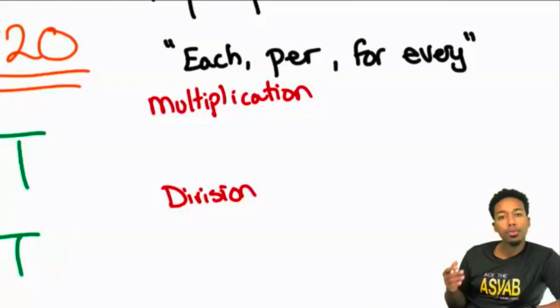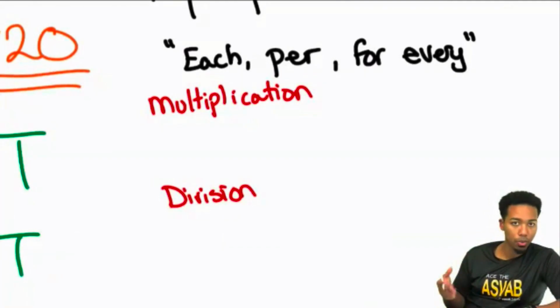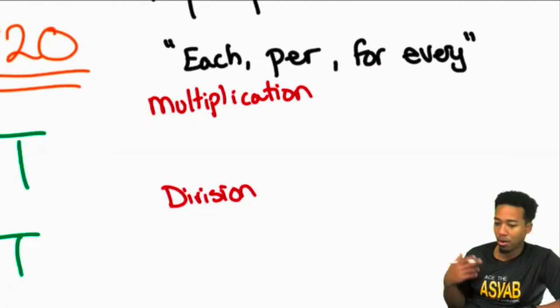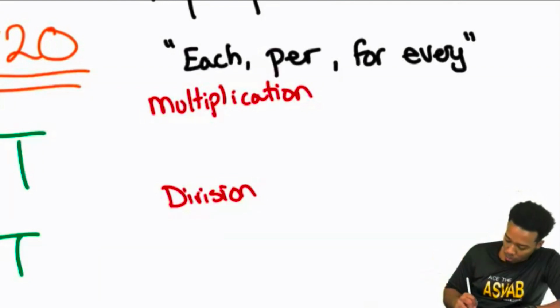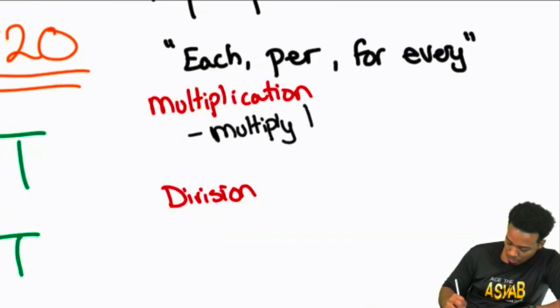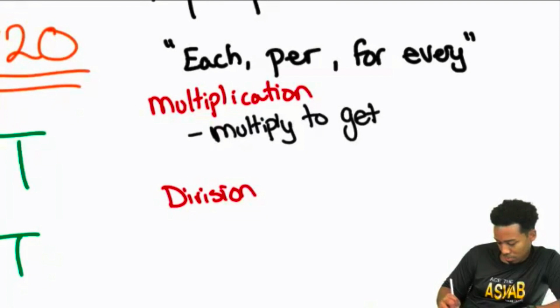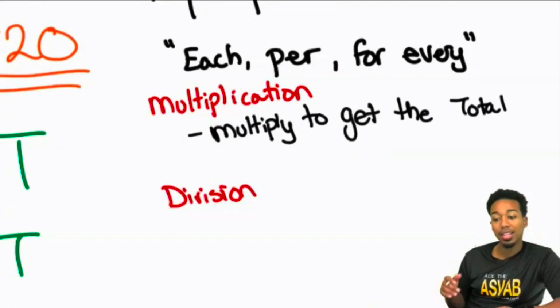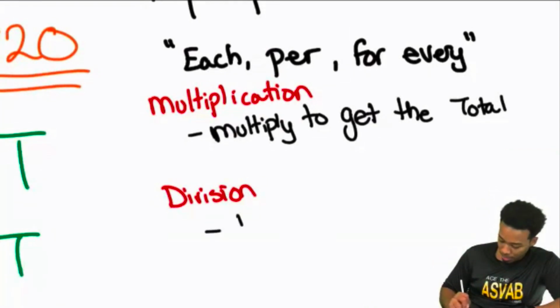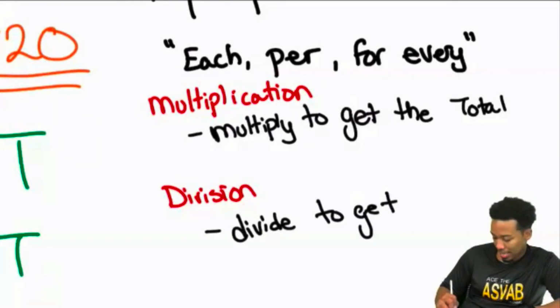If you want to use multiplication for the word each, for every, for per, you will multiply to get to the results. You multiply to get the grand total, the result here, okay? Now, when it comes to division, you divide to get a piece.